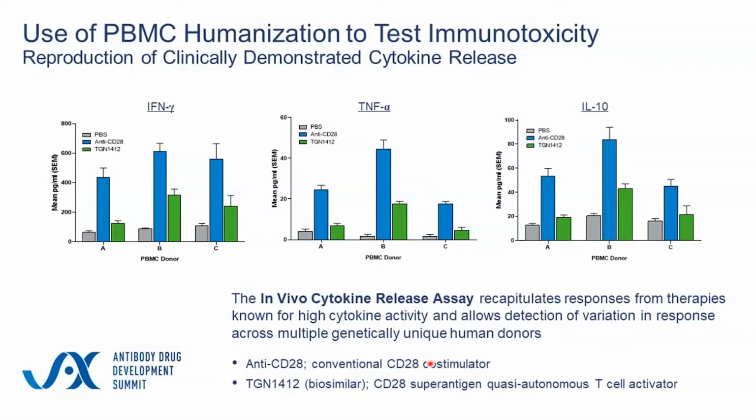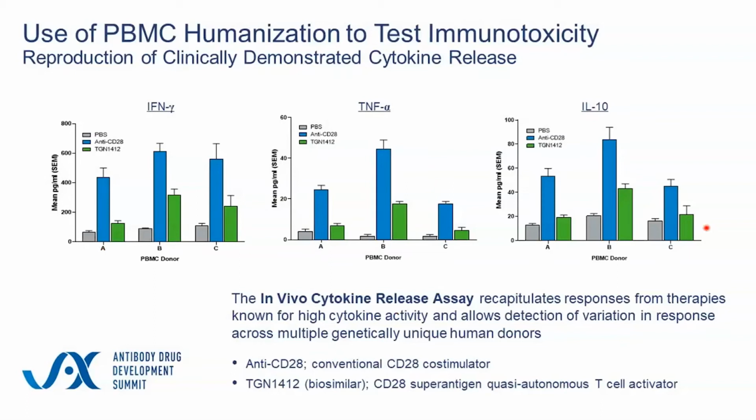And then he developed its TGN1412 biosimilar, which, as a reminder, is a superantigen quasi-autonomous T-cell activator, which doesn't necessarily require T-cell receptor activation to lead to co-stimulation and activation of these cells. And what you can see here is a clear human cytokine release of interferon gamma, TNF-alpha, and IL-10. And there are donor-to-donor specific differences in responses, which is also observed clinically.